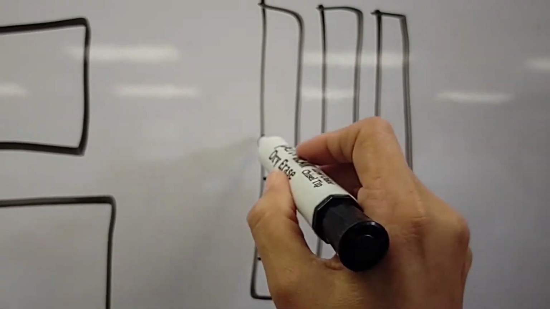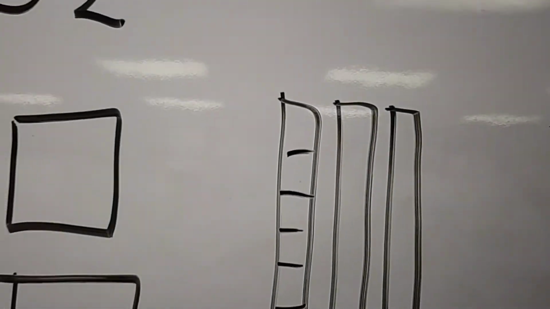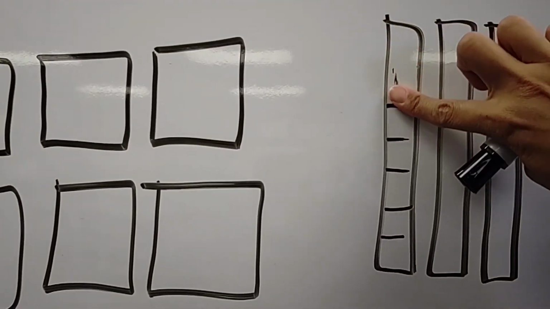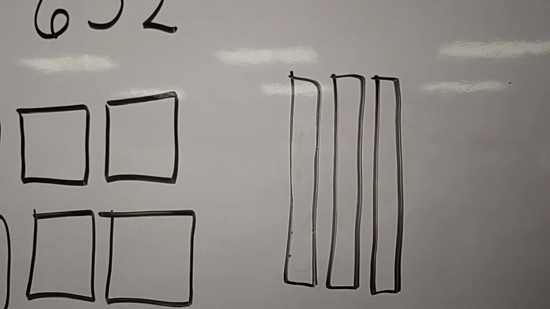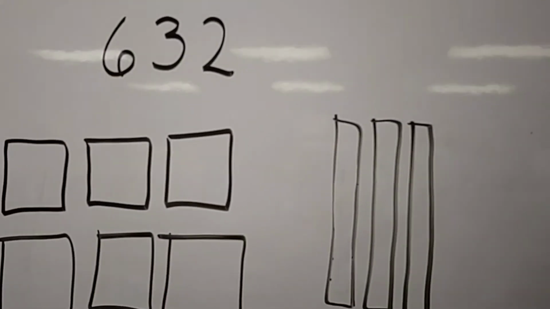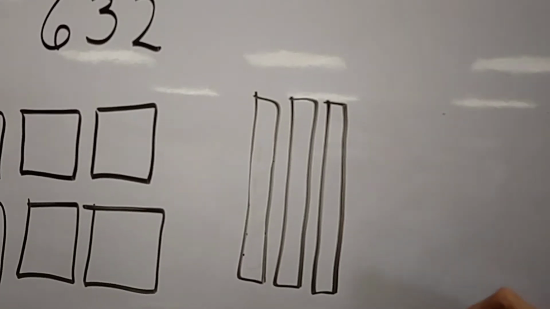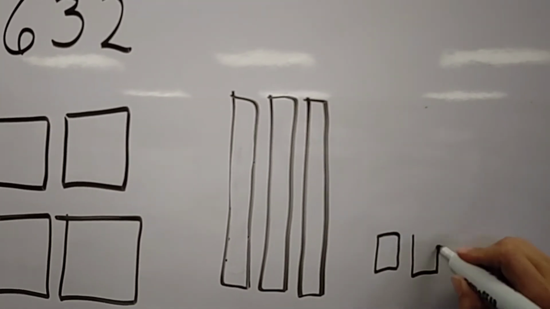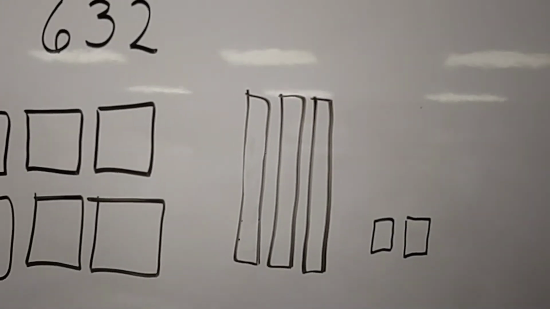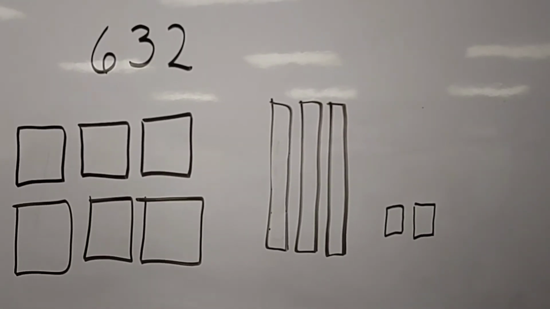Now you can if you want, and you can add those little units to it so that you know you've got 10, but you don't need to. So we're not going to do that. We know if we see this shape, that stands for our 10s. Now we need 2 units. Now you want to make sure that your units are smaller than your hundreds flats. So now we have 632.